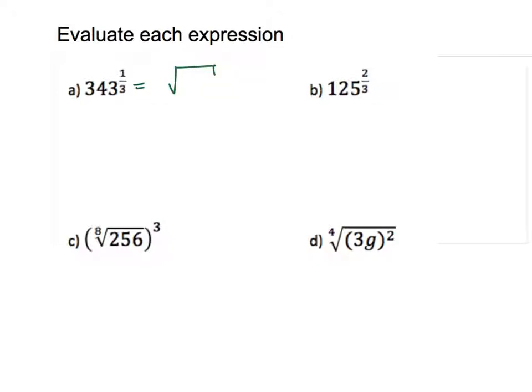If I wrote this as a radical, this is going to be 343 to the first power, right? And then the outside here would be a 3, because it'd be a cube root, because that's what's in our denominator. So looking at this, this is saying, what is the cube root of 343, right?